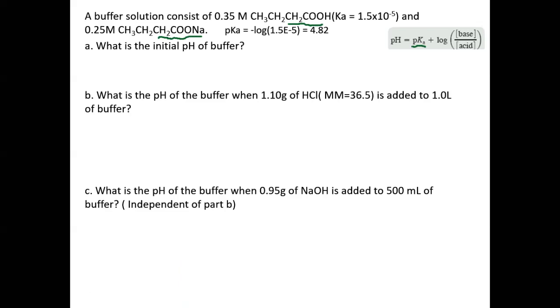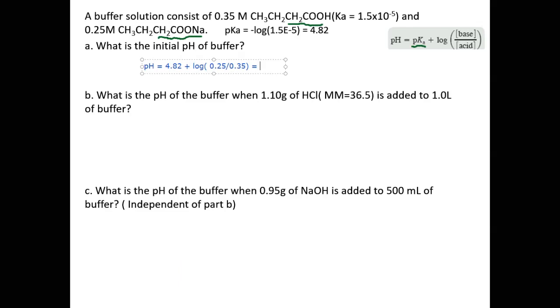So now, to determine the initial pH, all we do is we put in the pKa plus log of the concentration of base divided by the concentration of acid. Since the weak acid is greater in concentration than the weak base, the pH will be less than the pKa.